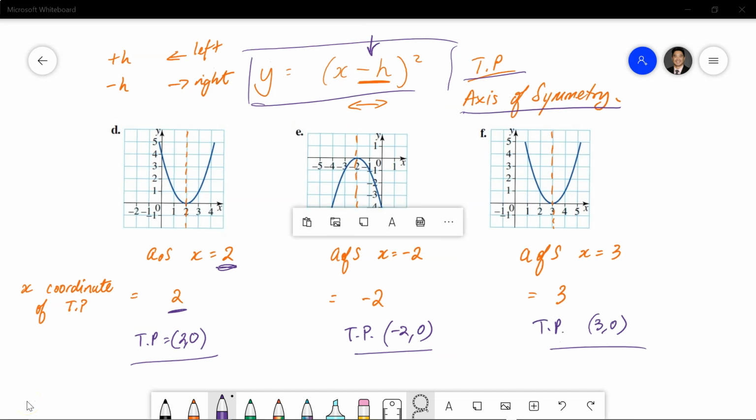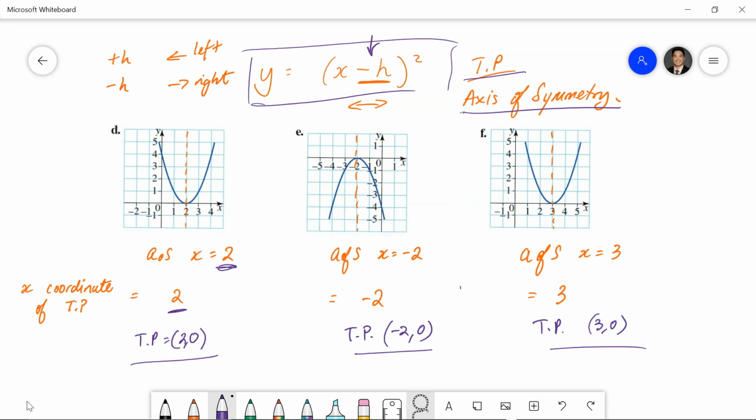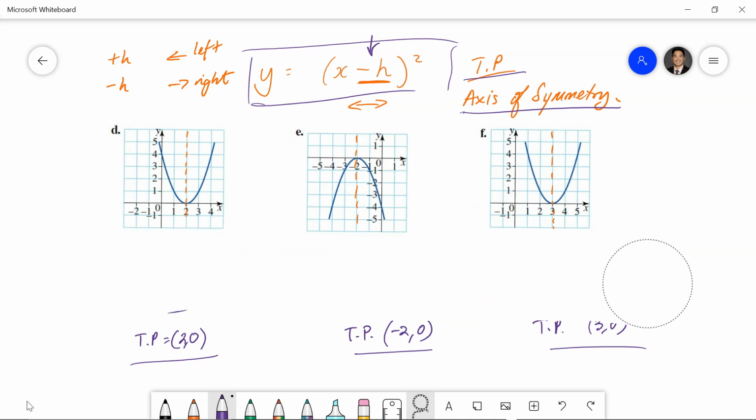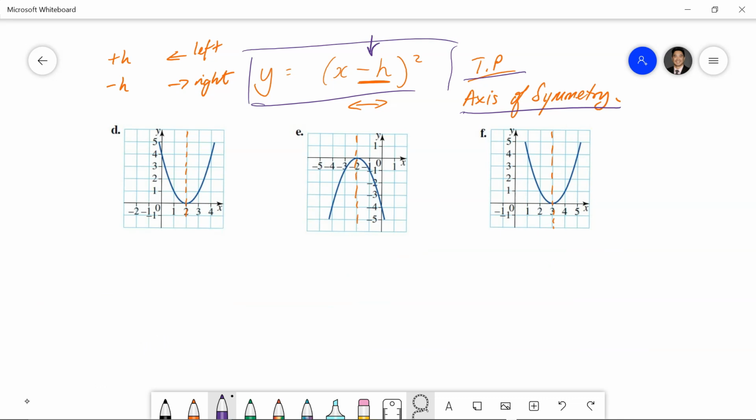The last element that I would like to explain is how to get the y-intercept from this equation. What I'll do is focus on the first two questions of D and E. So I might just erase all of this to give some space. The y-intercept is found when x is made 0.